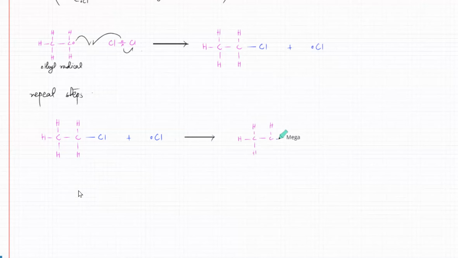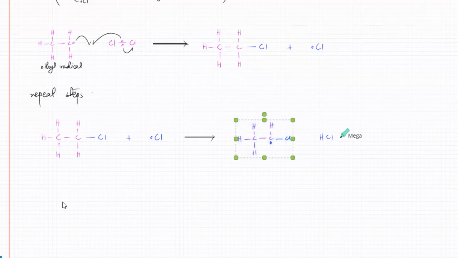The Cl is already there. This carbon would become a radical and HCl will be produced. Then the next step, now you've got a chloroethyl radical. It's got chloro, so that's why we use the word chloro. The same process will repeat again.